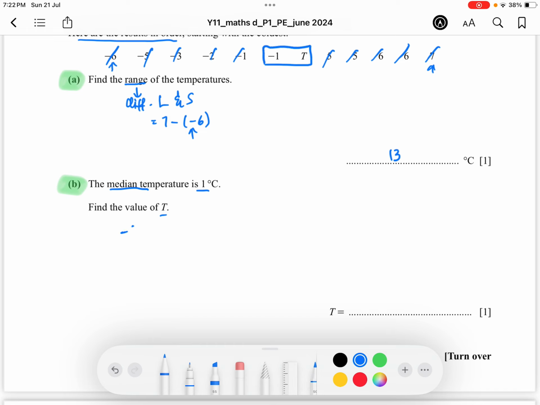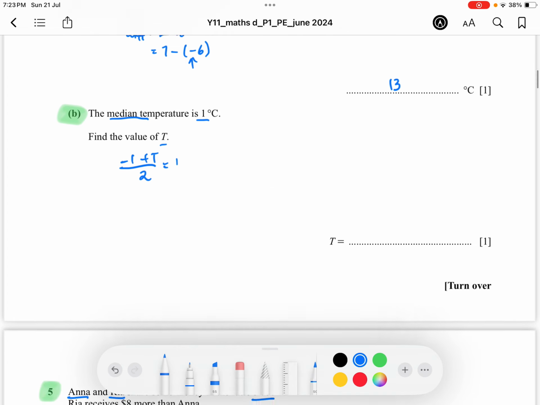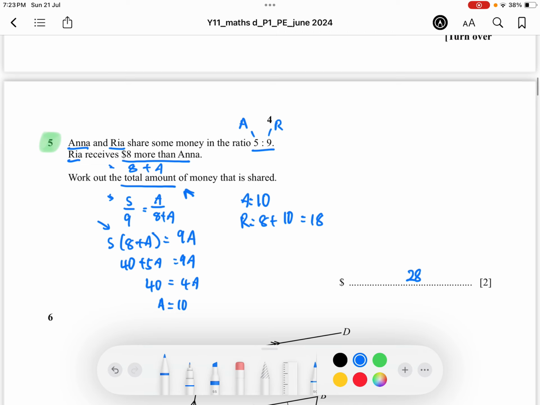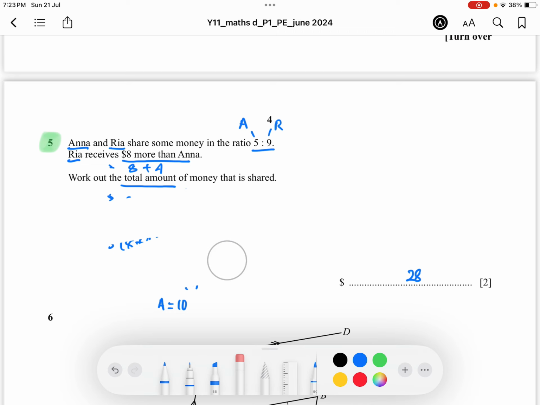That means the addition, you add the two numbers and divide by 2, you will get the median, which is given as 1. So what we get here is an equation we can solve. Multiply both sides by 2, you get 2, and then add 1 to both sides and you get 3. So the value t is equal to 3. Let me erase that one first.